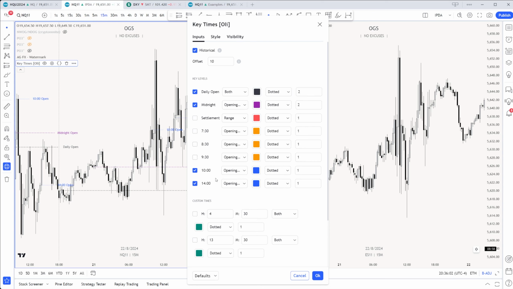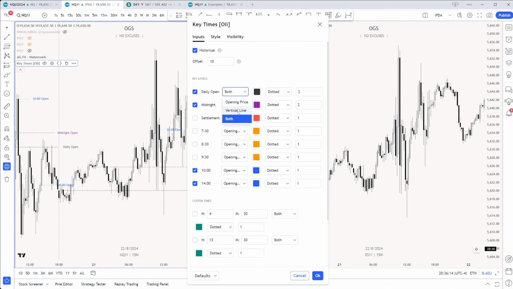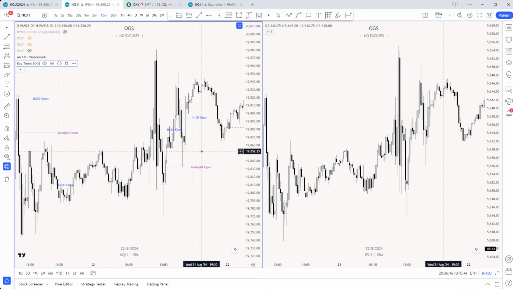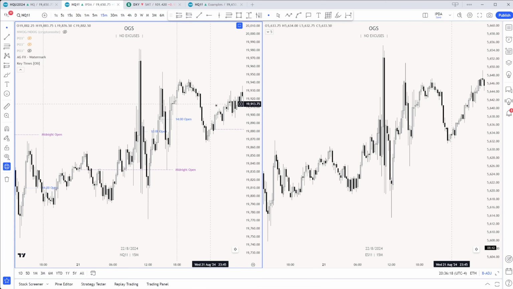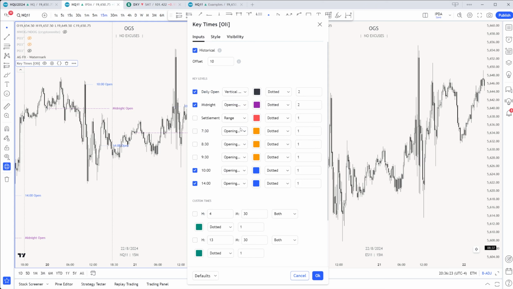You have all of these opening prices, which you can set to either opening price to only plot the opening price, or vertical line to only plot a vertical separator. So, for example, if I decide to put the daily open in the vertical mode, you'll see that the daily open no longer plots, but I have vertical separators to separate my days. But what if I don't want the daily open?